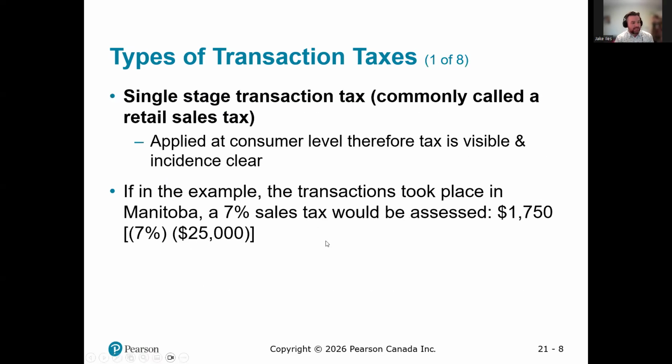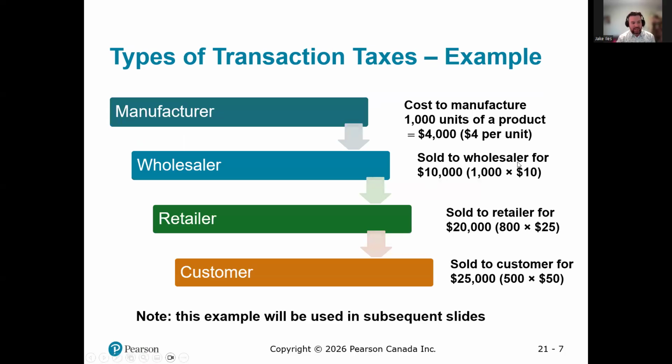How that works is, when the wholesaler purchases the units for $11, they don't need to increase their price for that additional dollar, because when they sell it to the retailer for $25, they'll collect, let's say, $2 of sales tax from the retailer, but then they get to deduct from the taxes collected the $1 tax spent.